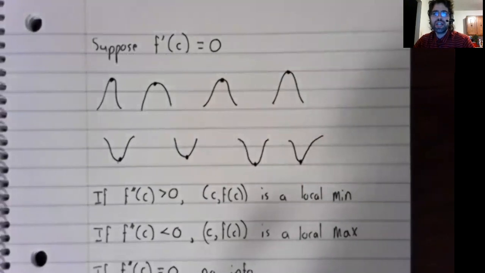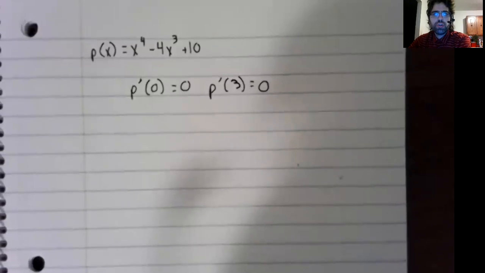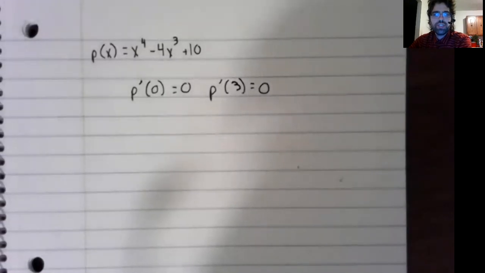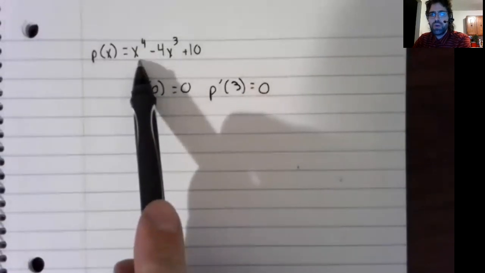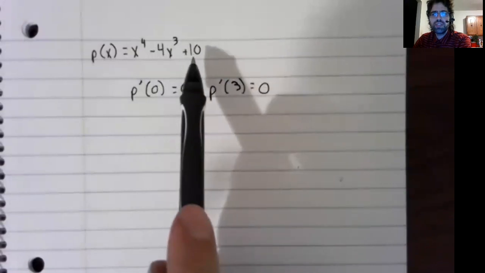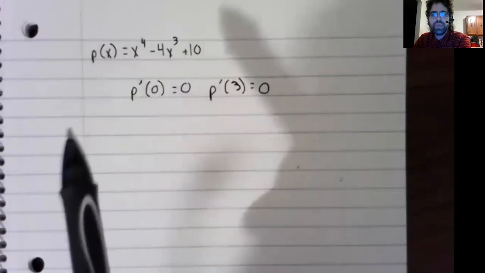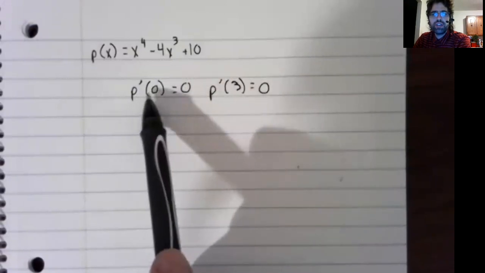Nevertheless, let's look at an example. In particular, we'll look at the same example we spent 3 videos analyzing. P of x is x to the 4th minus 4x cubed plus 10. This has 2 critical values.